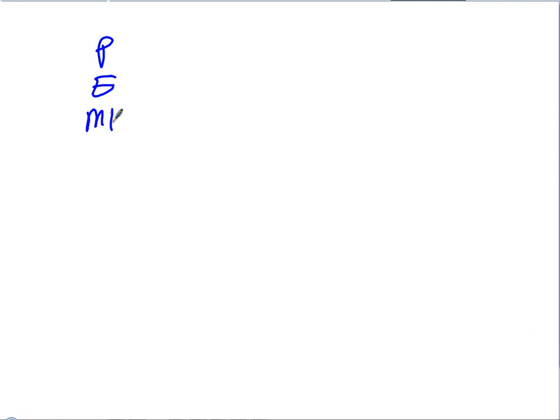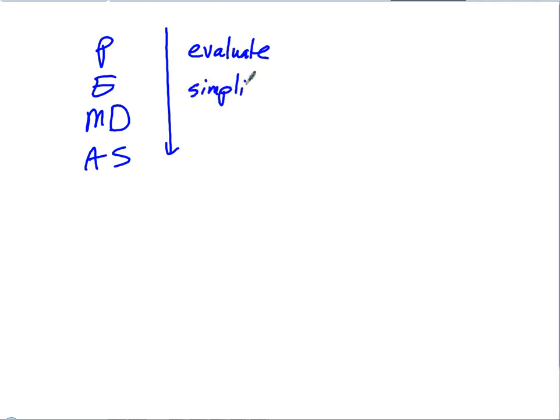Okay, so we know that for order of operations, this is where I'm going to leave off for today. This is the direction that we go, normal top to bottom, whenever we're trying to evaluate or simplify, okay?